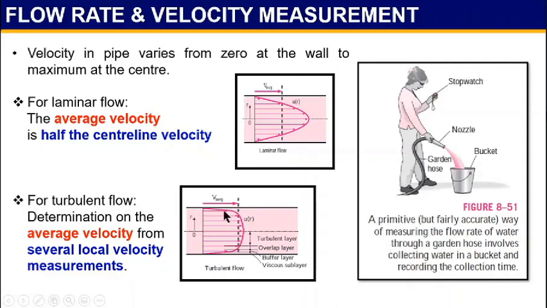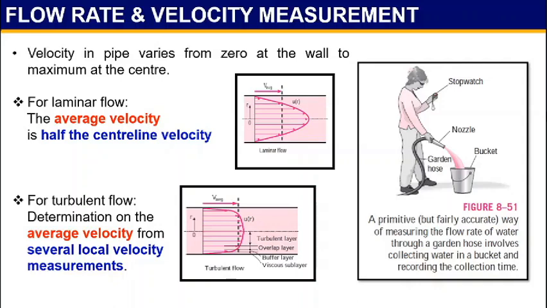Means we need to determine velocity here, and then velocity here, velocity at this point, velocity at this point in the pipe. So we take average of these local velocities. That is why in my research, for example, wind tunnel experiment, we have to take lots of lateral and also streamwise measurement points in order for us to get one representative velocity.